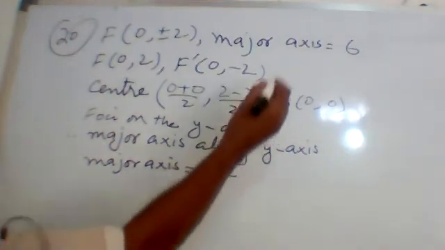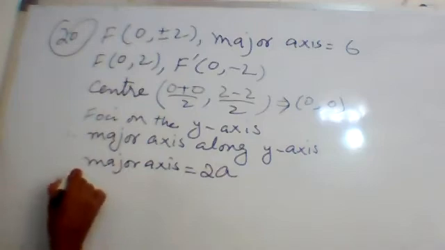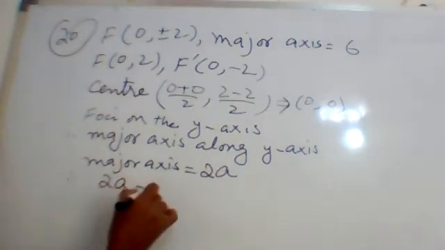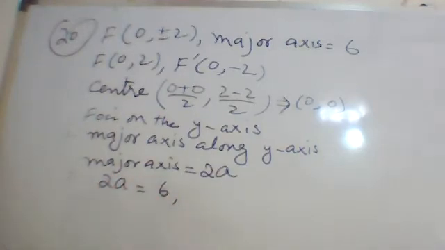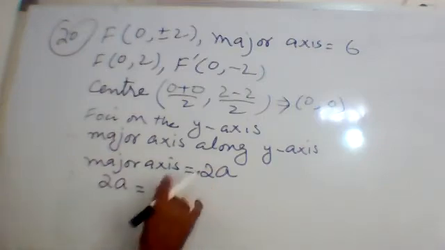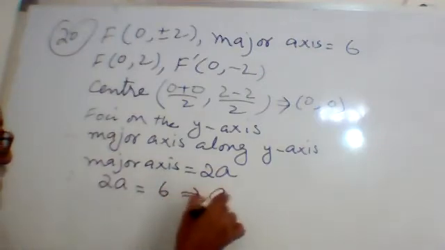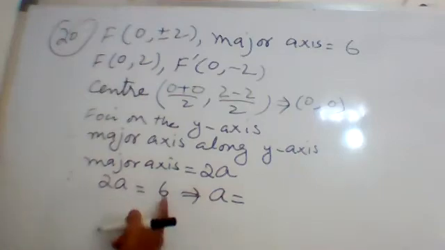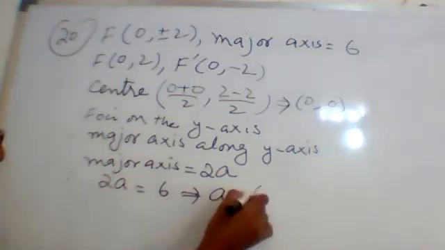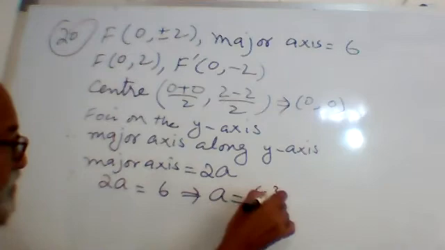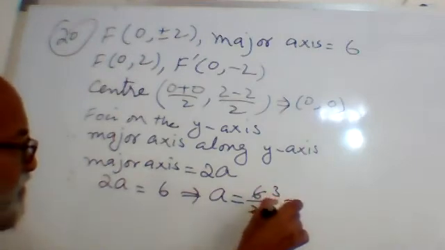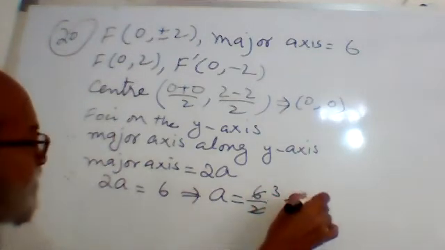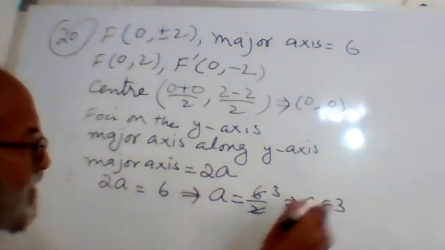So 2a is equal to 6. So a will become 3. 6 upon 2 will be 3. A will become 3.